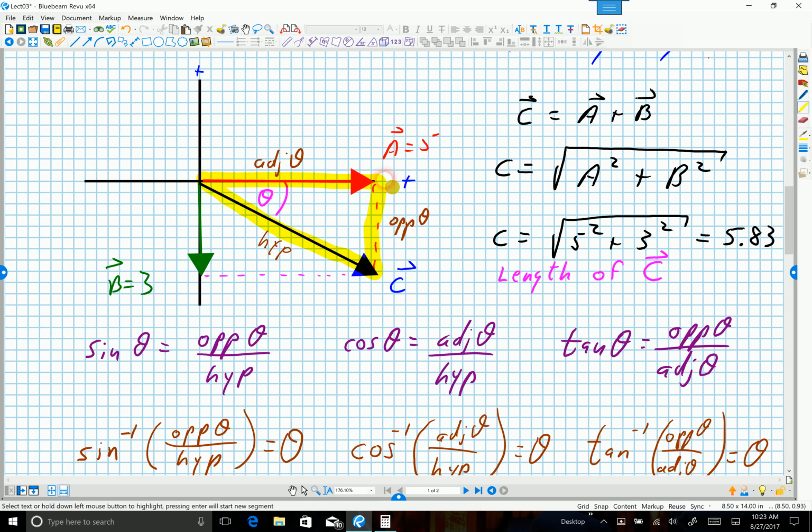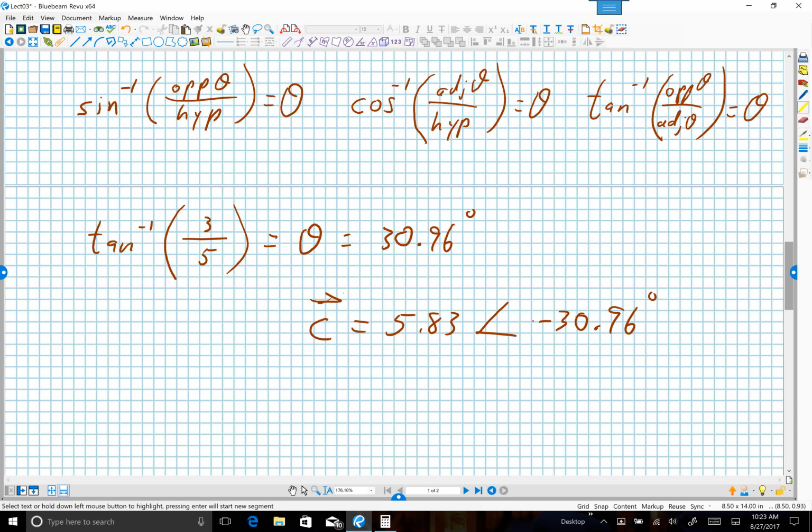If I start along this line, which is the 0 degree, I have to go clockwise 30.96 degrees. And in the standard format, that's a negative angle. So minus 30.96 degrees, right?